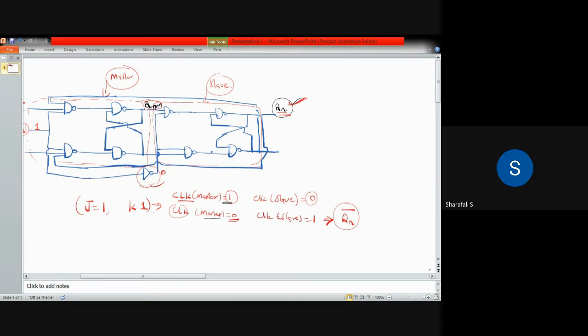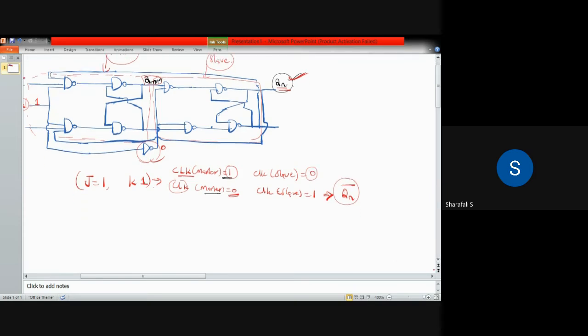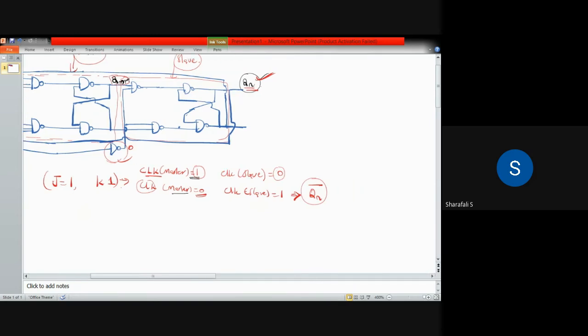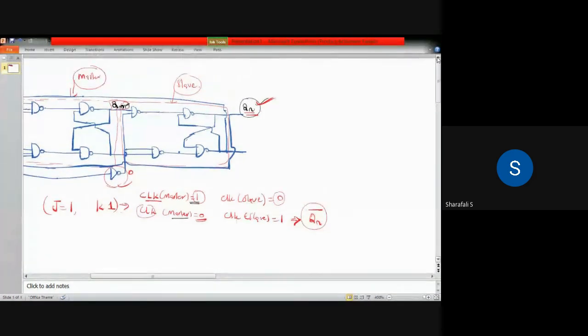Okay. So if you consider the pulse diagram, for example, you have this clock. This is your clock.